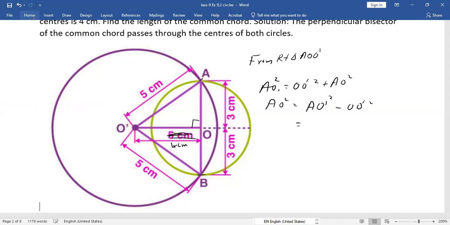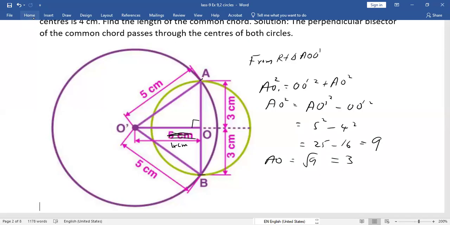So what is this? 5 square minus 4 square, that is 25 minus 16, that is 9. So AO is equal to root of 9, that is 3. You got it? AO is equal to 3.